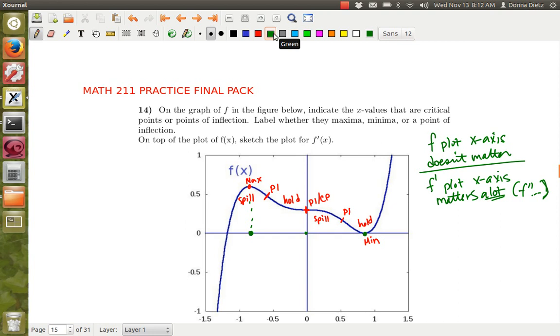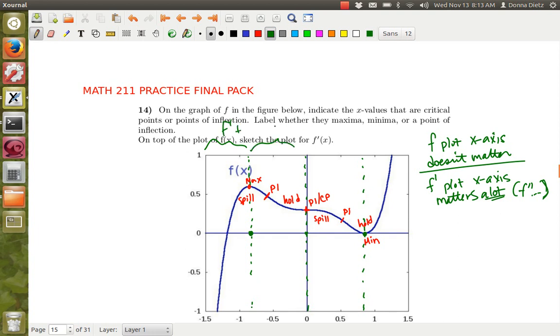Okay, now your maxes and mins and these other critical points, they will split the plot into these zones. In the first zone, the curve is strictly increasing or strictly decreasing. So in this first zone right here, we are strictly increasing. That means f prime is positive.